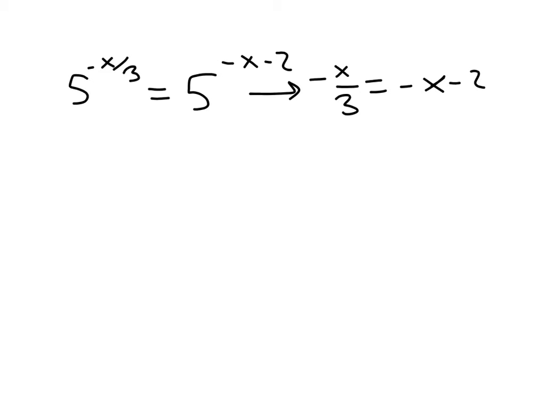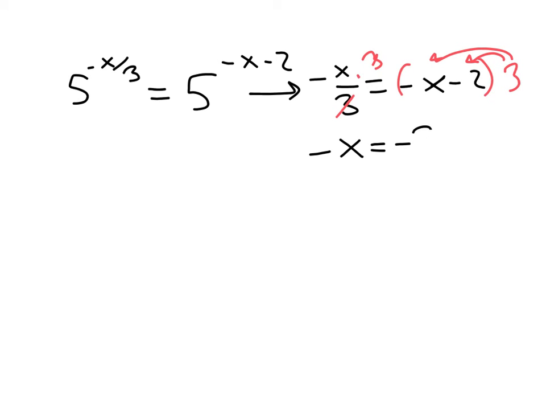And now to solve for x, I would first clear the fraction by multiplying everything by that denominator 3. That's legal as long as I multiply everything over here times 3, so make sure you distribute the 3 to both parts here. The 3's cancel, which leaves negative x on the left side.